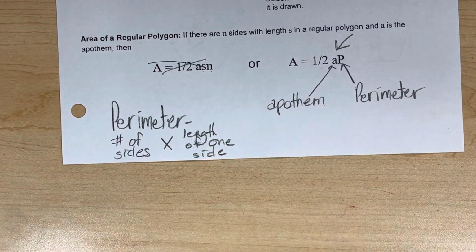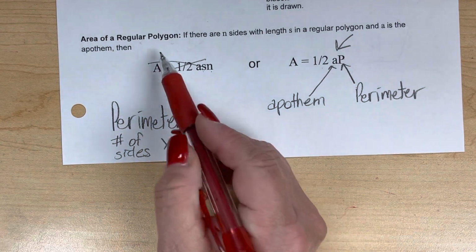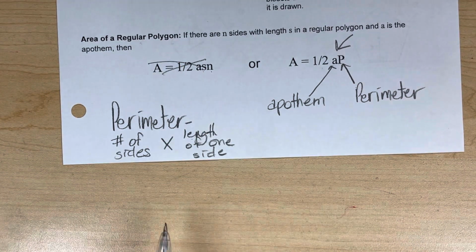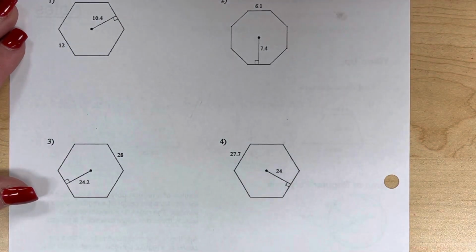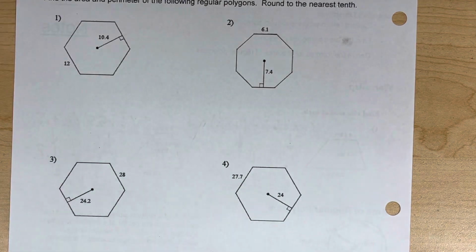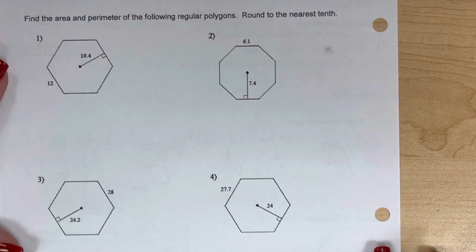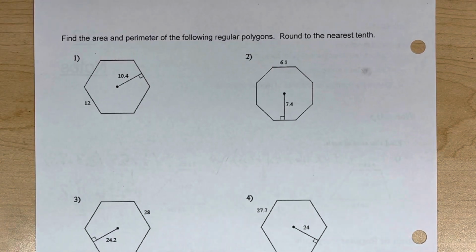I'm not trying to insult your intelligence, but I've always just said, add all the sides, but you can multiply in this situation since all the sides are the same. All right, so let's take a look here at just a few of the examples. We're not going to do all of them simply because it is very simple.